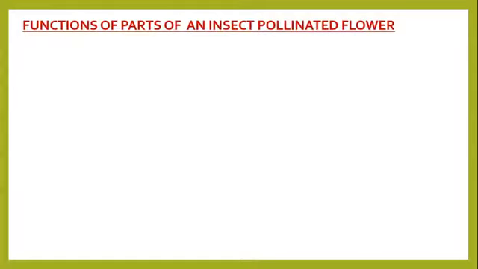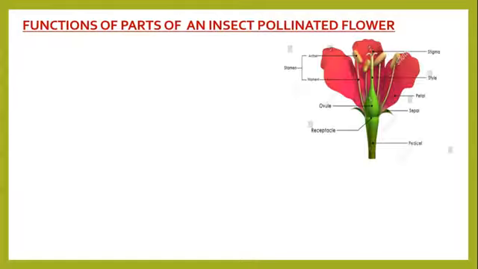Alright, so this is the picture we identified in the previous lesson. We would like to look at the functions of the parts of this flower. But before we start, I have a question for you. What really is the importance of an insect-pollinated flower or flowers in general?